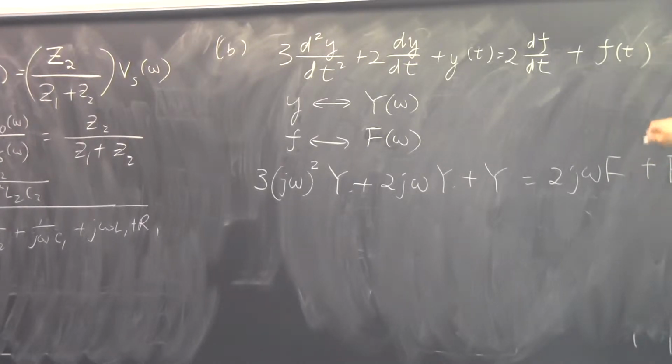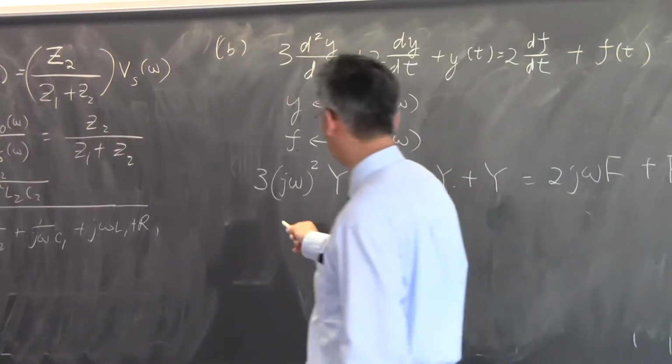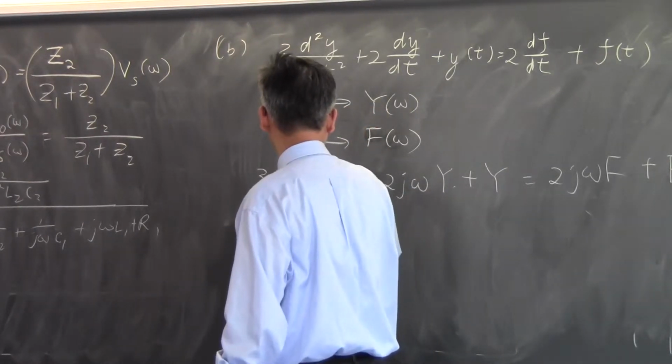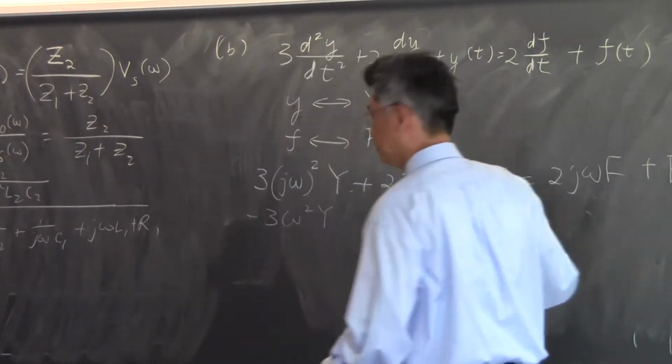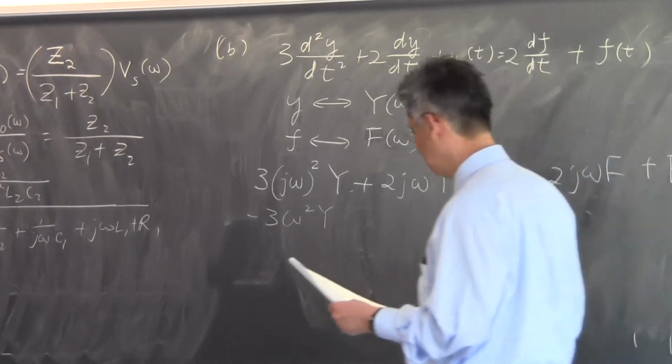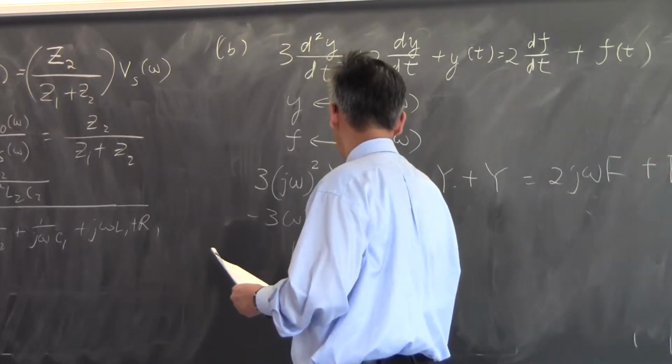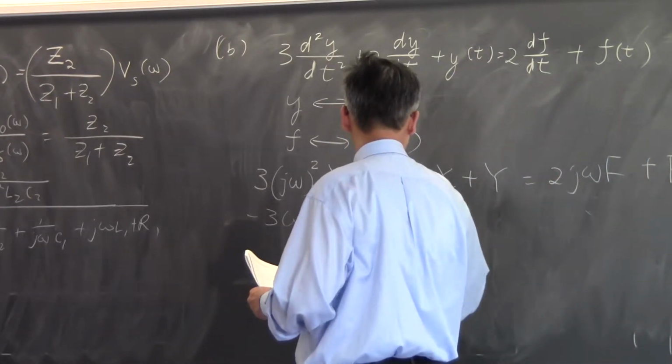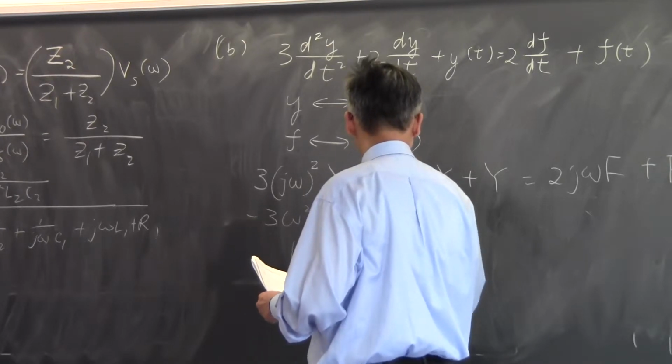You want me to do the detail, or you can jump from here to here? It's fine, right? Most of you can jump from here to here. Okay, so you remember that this is actually minus 3 omega squared Y, and then you solve this equation for H of omega is equal to Y of omega over F of omega.